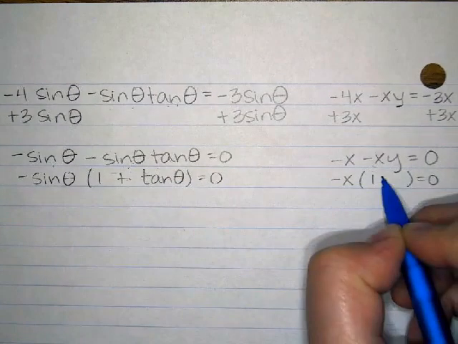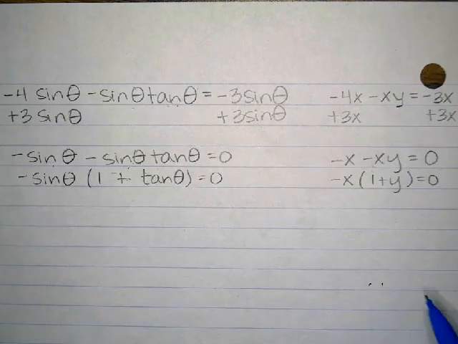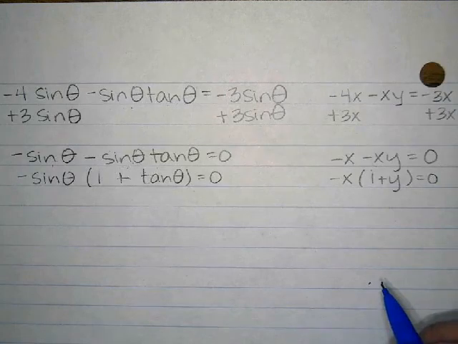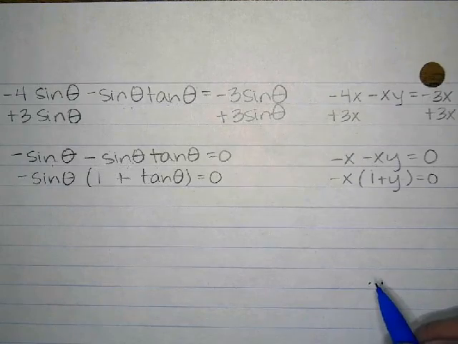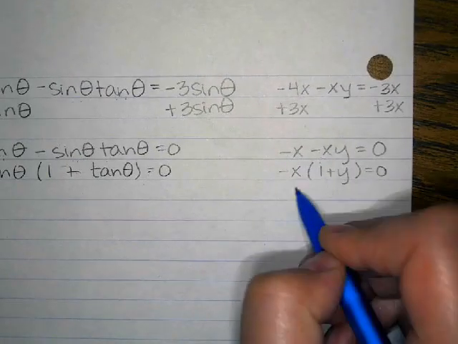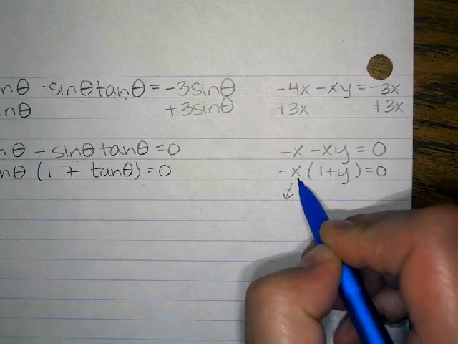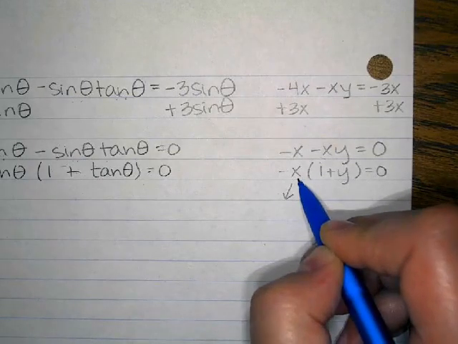Okay, so if we were factoring over here, what would we say the x in the front equals? 0, right? Does the negative in the front make any difference? No, so we would just say that x equals 0. And then what would we say about the y?